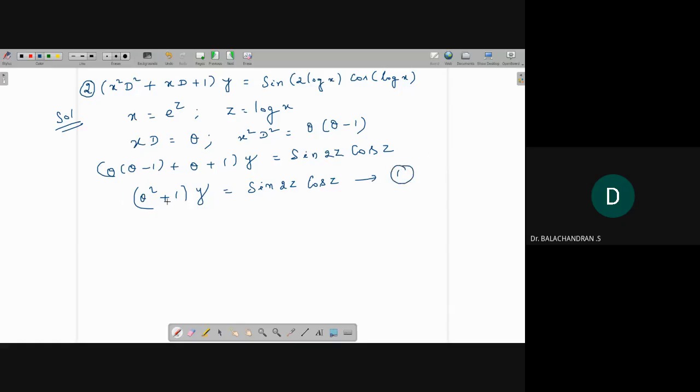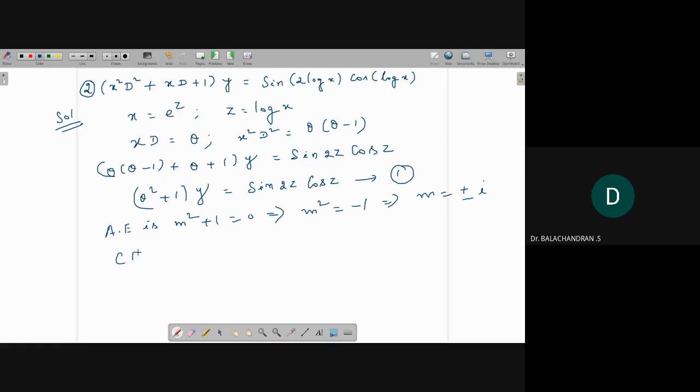Actually, this is a second order linear differential equation with constant coefficients. Now the auxiliary equation is m square plus 1 equal to 0, m square equal to minus 1. This implies m equal to plus or minus i.